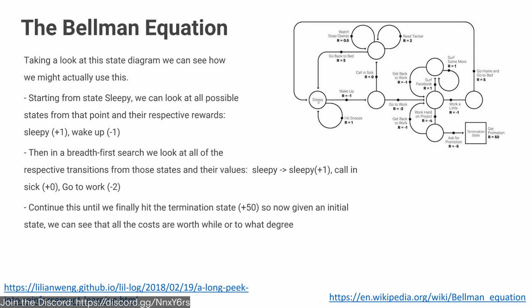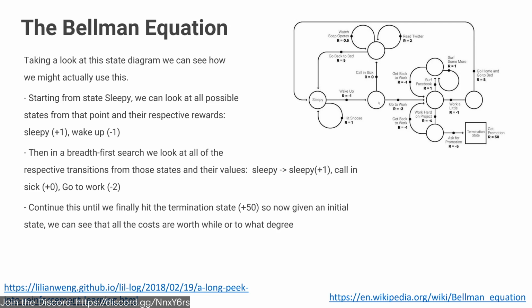And now we constantly update the value of being in that state based on the previous values of that state. So again, say for example, we reevaluate the sleepy state. The sleepy state has a value of 0. We do the same thing, and we still get a value of 0 because 1 minus 1 is going to be 0. But let's take a look at a more interesting example, right?